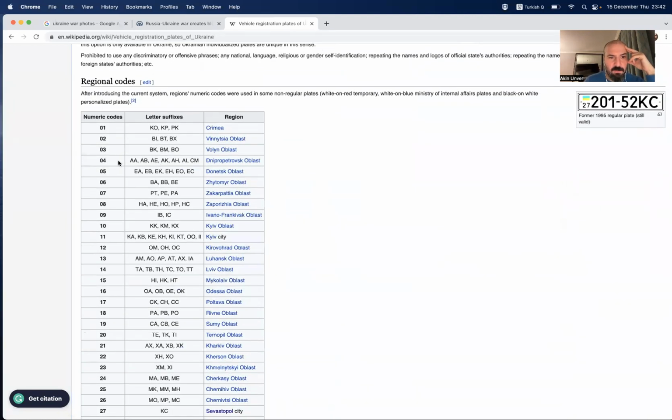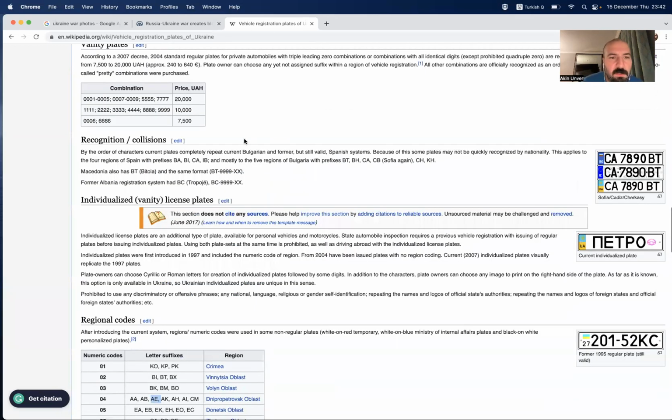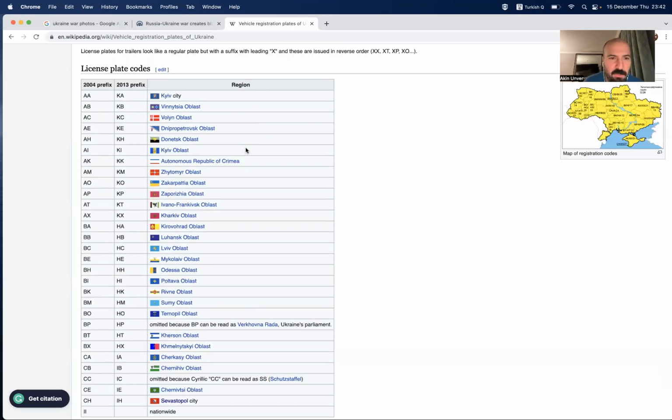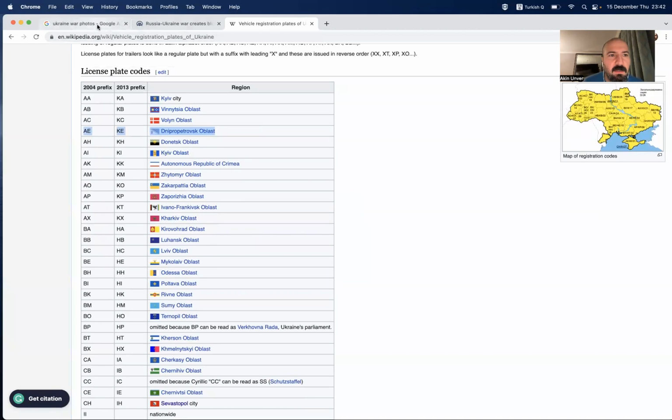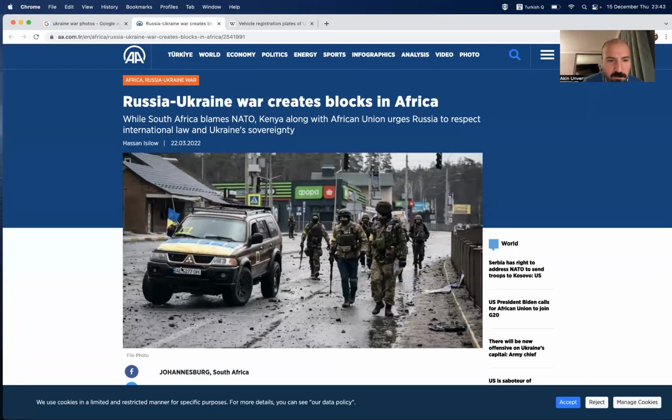Regional codes: AE in that regard belongs to Dnipropetrovsk Oblast. Oblast is region. So essentially, we seem to have a hit with this AE, which means that the car is from Dnipropetrovsk. Here, I'm interested in which city this is in.